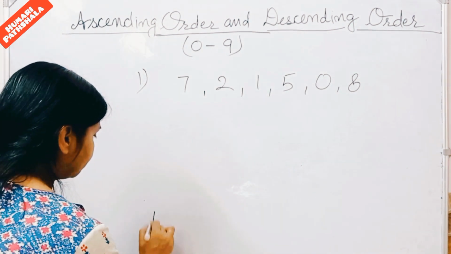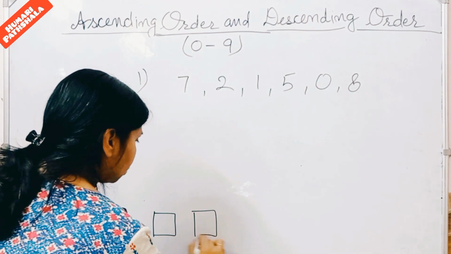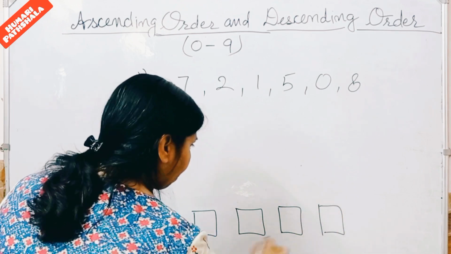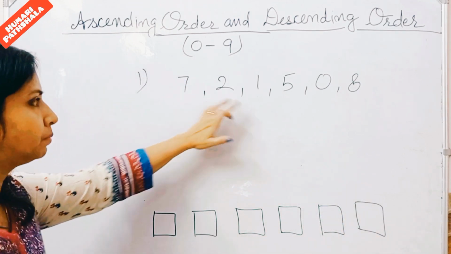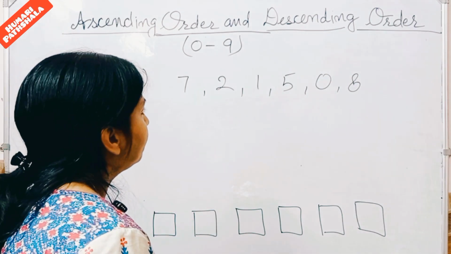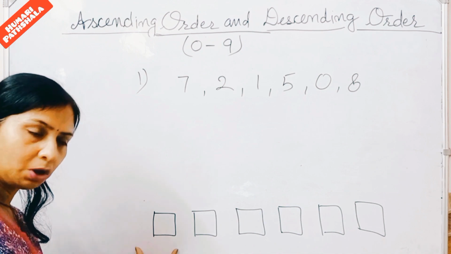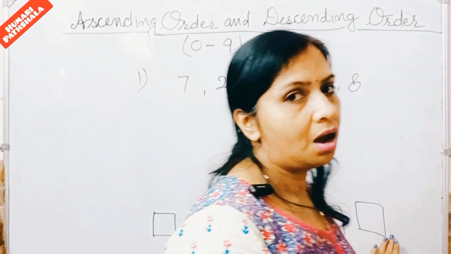First we'll make 6 blocks here, 6 numbers, 6 blocks. Now compare all numbers, find the biggest number and write it in the first block, and the smallest will be in the last block.